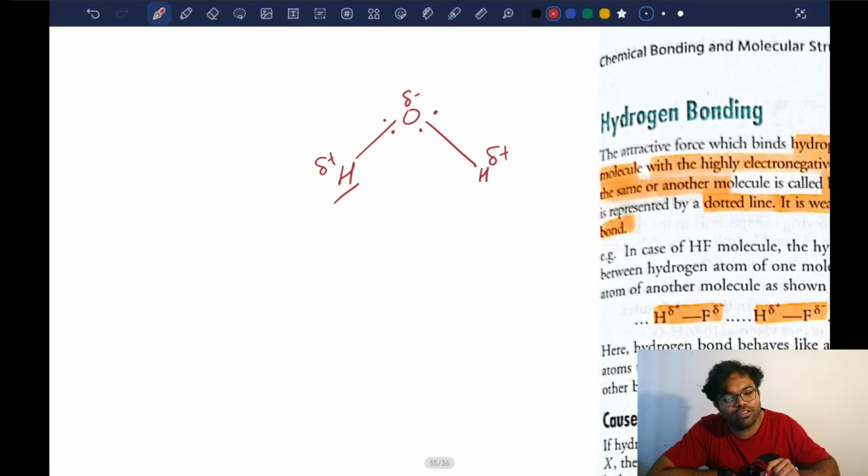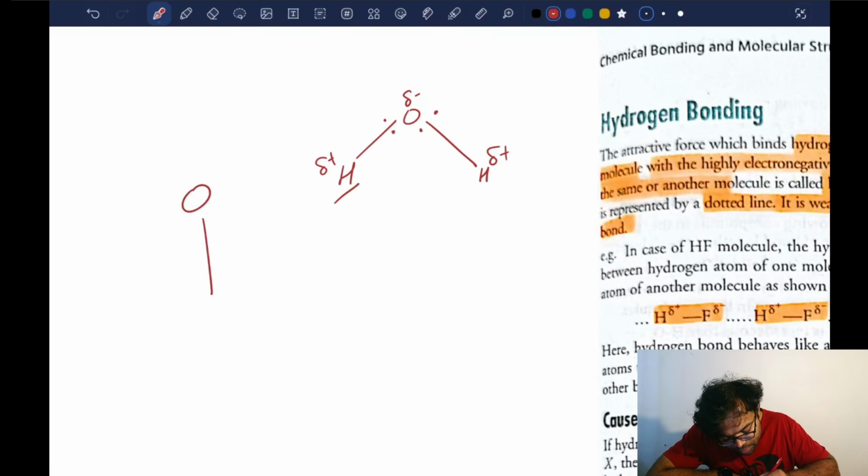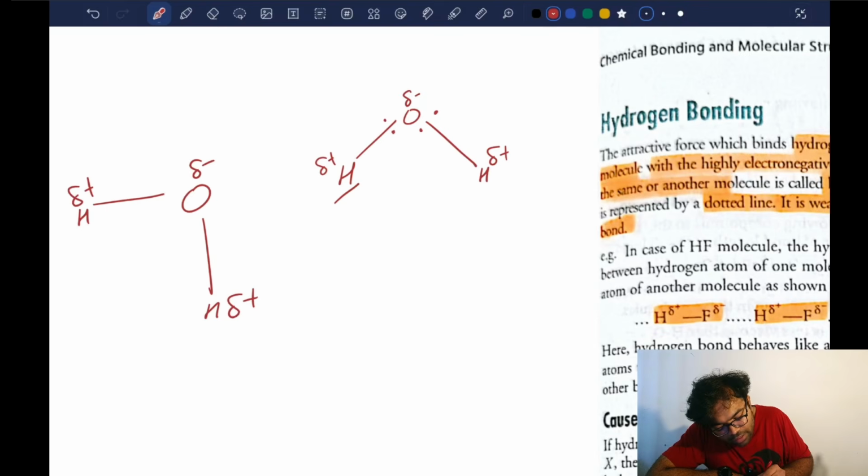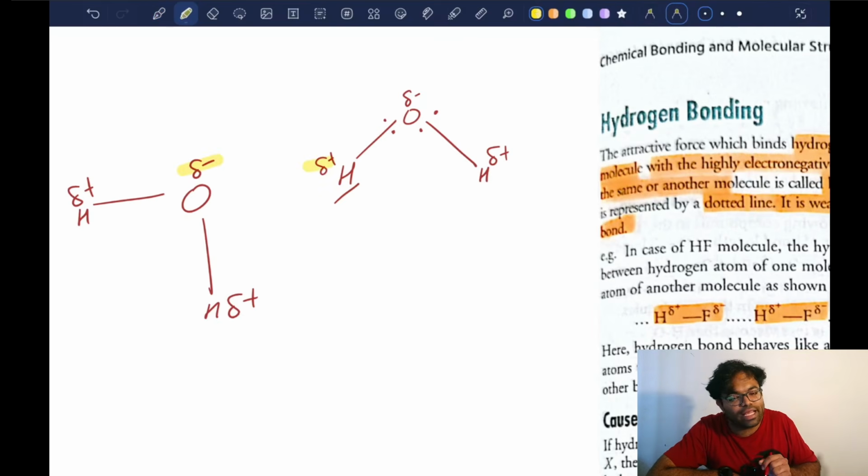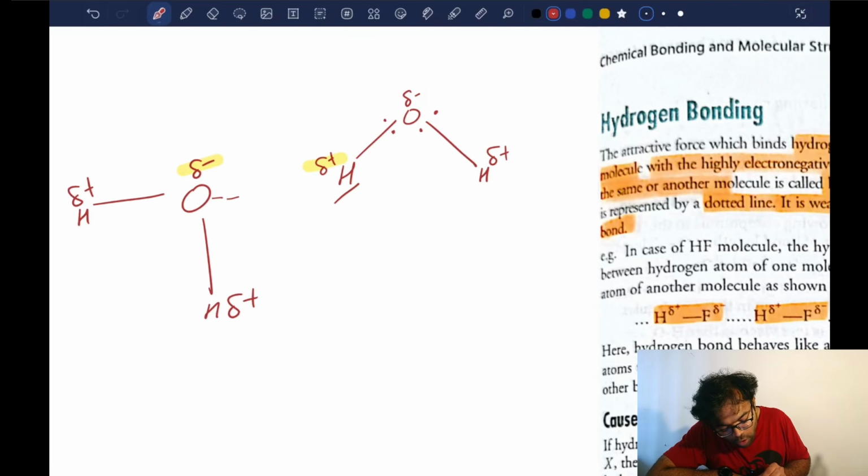Now, this hydrogen atom is now very near to another water molecule's oxygen. Now this oxygen atom and this hydrogen atom, they both have opposite polarities. The magnitude may be the same, but they have opposite polarities, and opposite polarities usually do what?